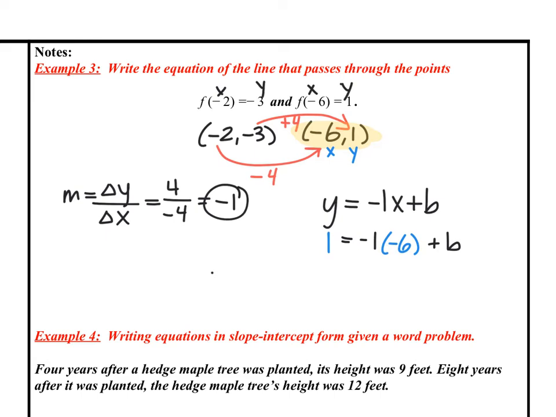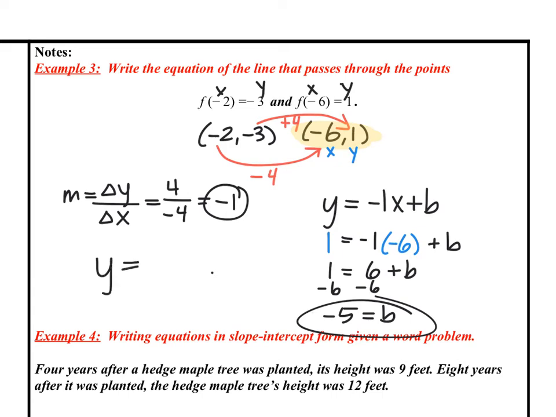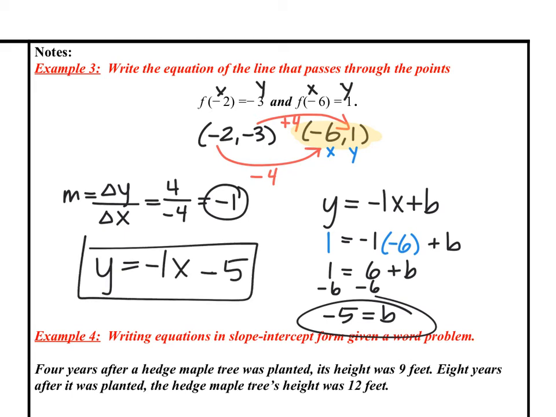We do this multiplication right here. -1 times -6 is +6, and then you subtract 6, and you get -5. So b is -5. Take these two little nuggets of information, that the slope is -1, and the y-intercept is -5, and you write an equation.